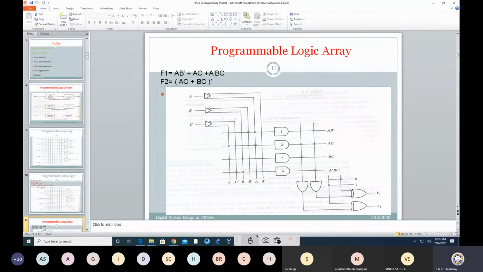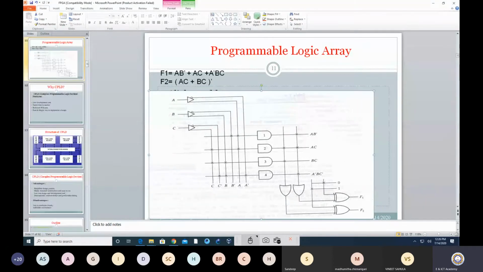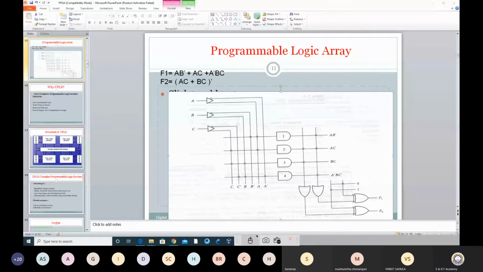Now if you try to look at this particular structure, which is a PLA, here we have an OR gate. Here we have an AND gate. Now observe that at the input of your OR gate there is also some sort of intersection point. So this portion is programmable.